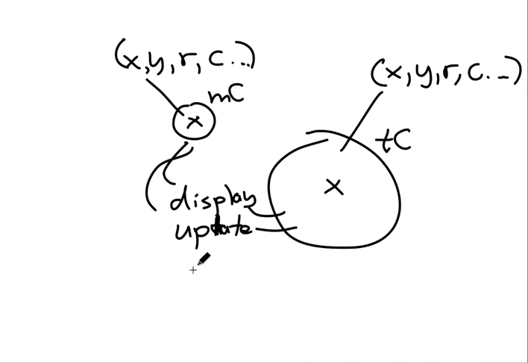Now what I want to do is add a new method to these circle objects, which I'm going to call isTouching. And this is going to be the method that holds my collision detection code. Let's look at how I would implement it.